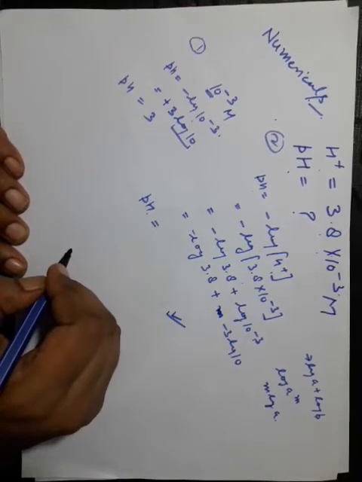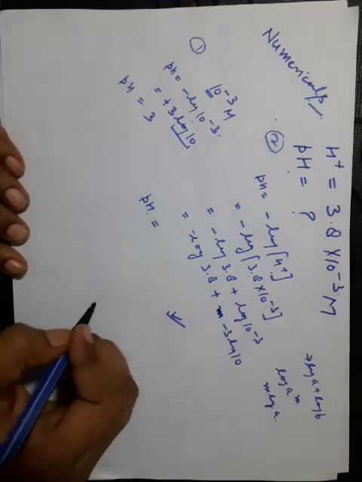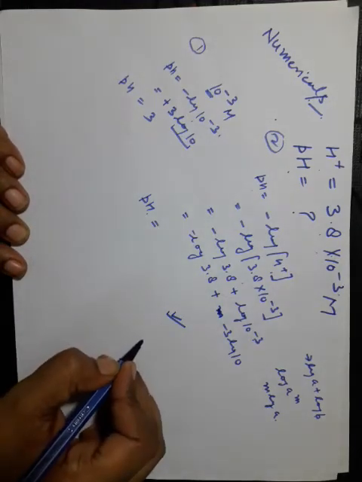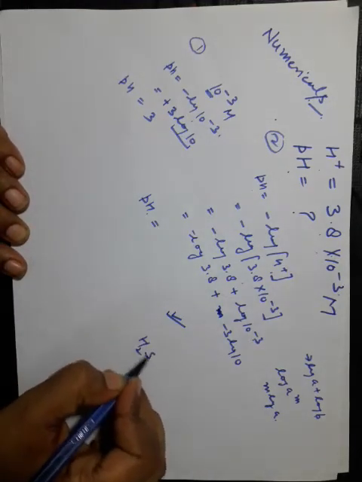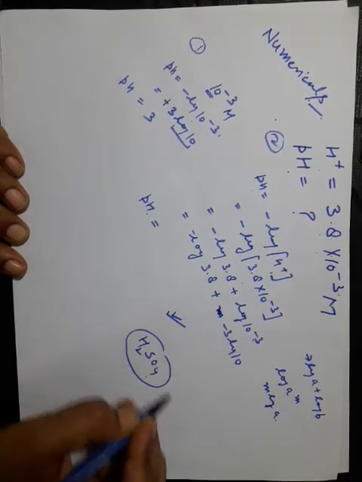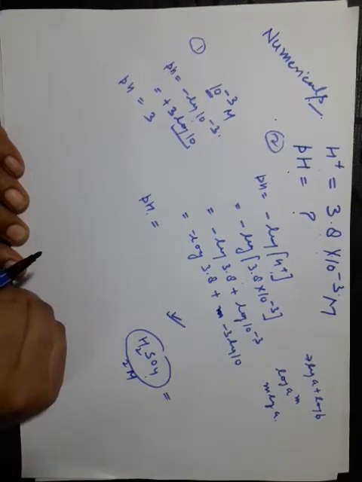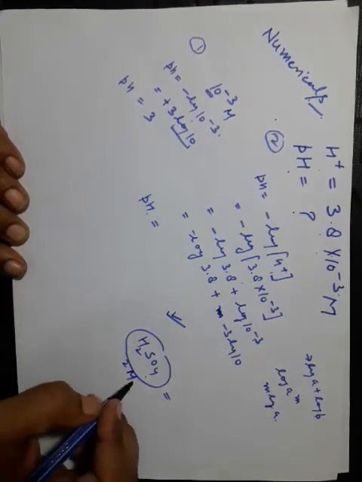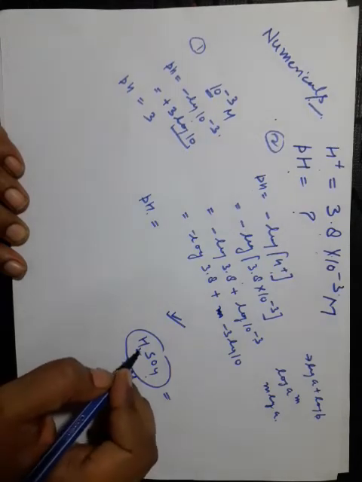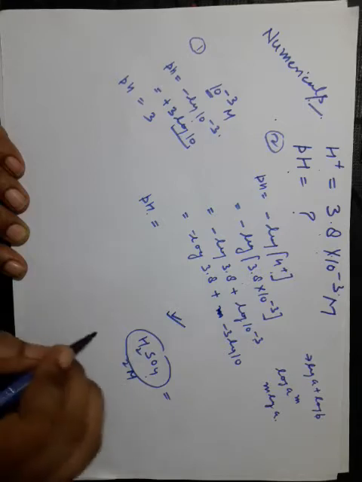Sometimes there is a problem faced by the student. What is the pH of the solution when the solution is H2SO4, and the concentration of that solution is given as 2 molar, and we have to find out its pH. See students, negative logarithm of concentration of hydronium ion is pH.